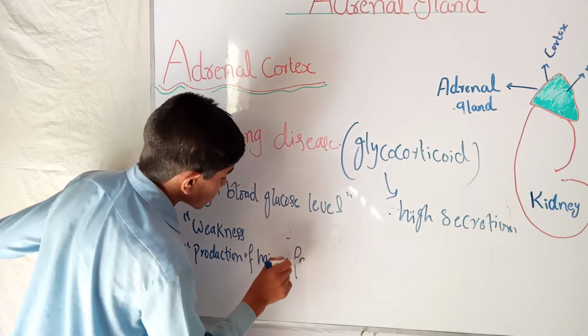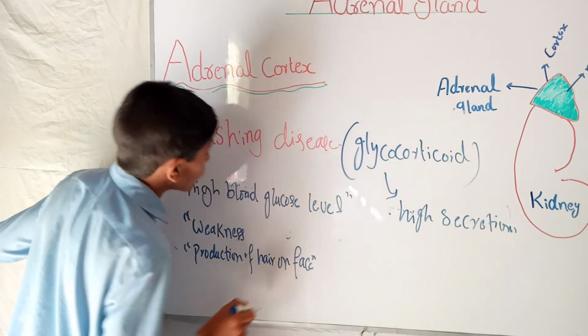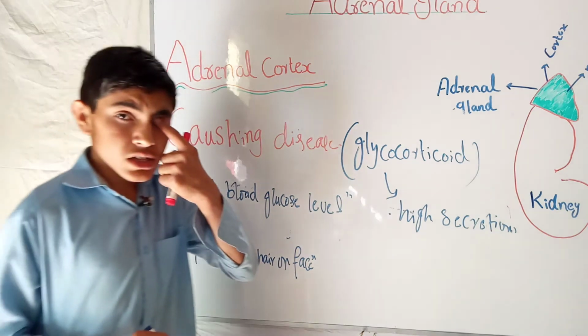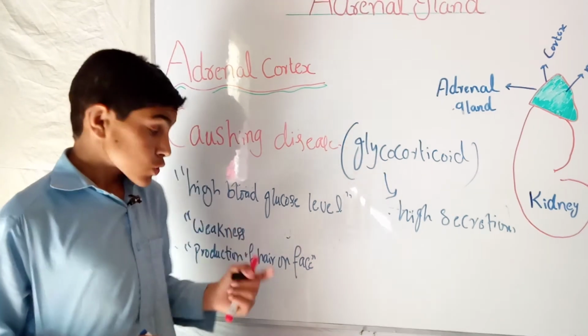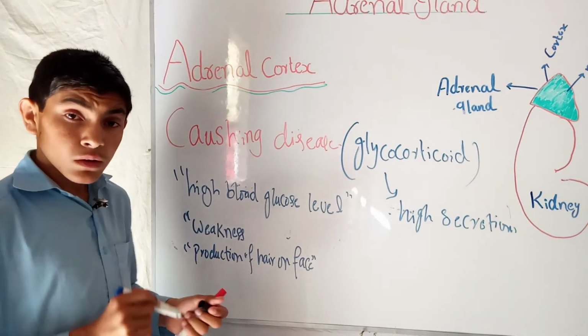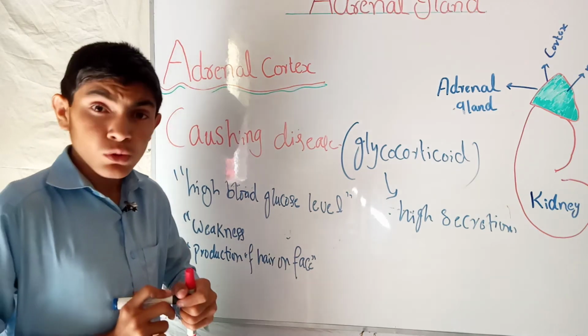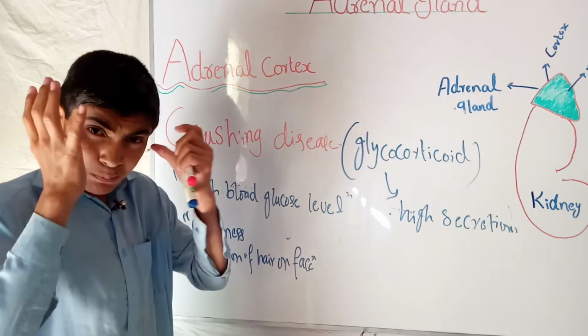on the face. When Cushing's disease occurs in a person, it has the ability to produce hairs on the face.